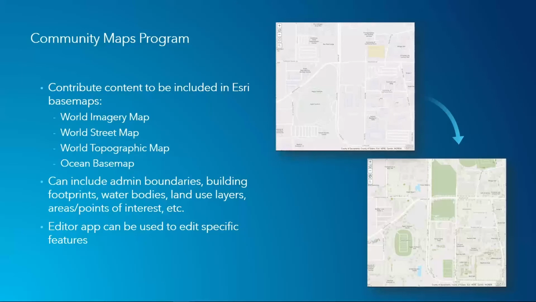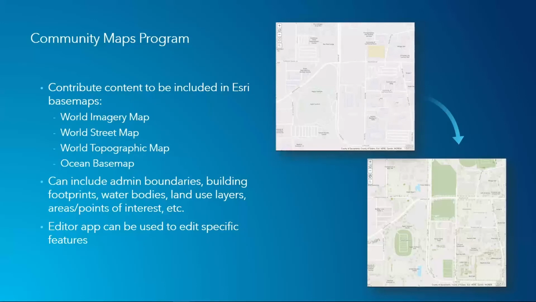Typically people are submitting things like administrative boundaries, building footprints, water bodies, land use layers, areas and points of interest, even things like trees. So cities that have gone out and marked all their tree locations, they'll submit those as well. So it really helps enhance those basemaps for the larger GIS community.